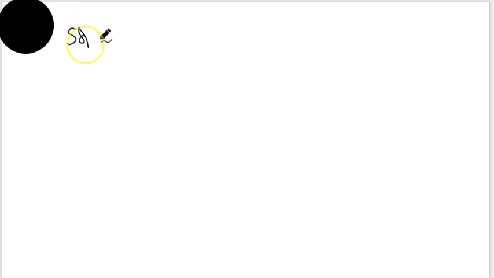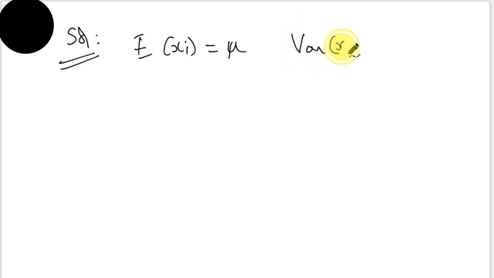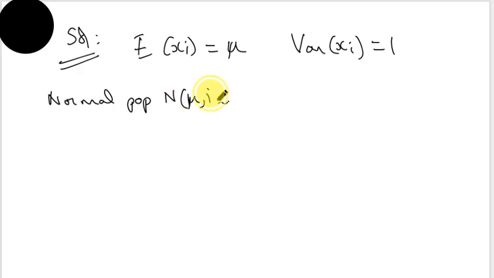When we move on to the solution, first thing is here the mean should be known. Obviously, our E of xi is nothing but mu, and variance of xi is equal to 1. How did I get this? I got it because my normal population mentioned was N of mu comma 1, that is mean comma variance, and hence E of xi equals mu and variance of xi equals 1 for every i from 1 to n.